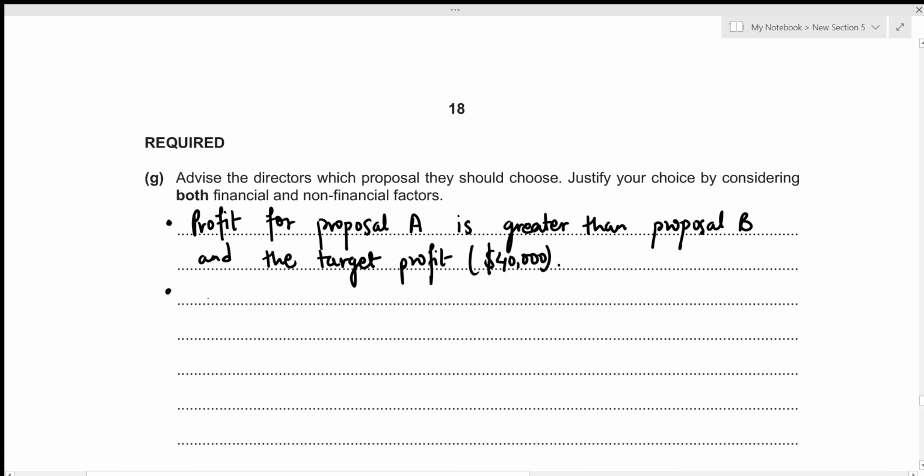Nextly, what we can consider is the labor rate. So labor rate, if you remember correctly, we increased it in proposal A. Previously, we were using the labor rate of 8.5 per hour, whereas for proposal A, we increased it to 9.25 per hour. So we can just write that down as well. Labor rate is increased in proposal A, but not in proposal B, since nothing was mentioned regarding any labor rate.